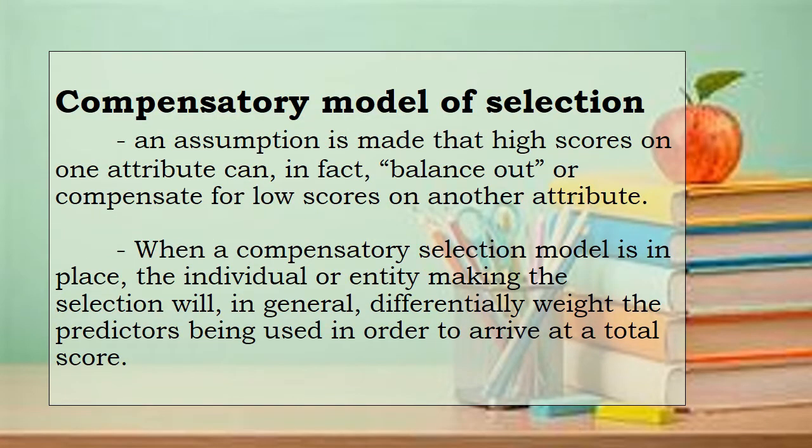The last is the compensatory model of selection. An assumption is made that high scores on one attribute can, in fact, balance out or compensate for low scores on another attribute. When a compensatory selection model is in place, the individual or entity making the selection will, in general, differentially weigh the predictors being used in order to arrive at a total score.